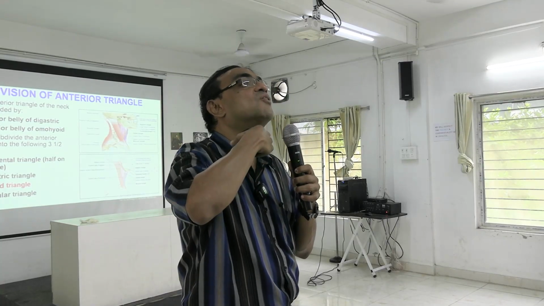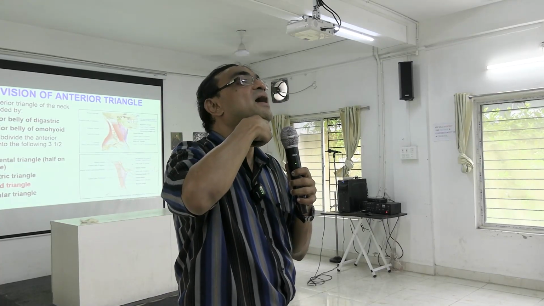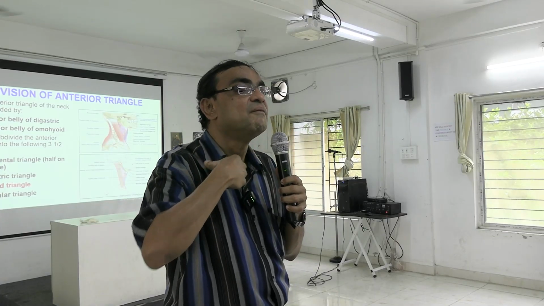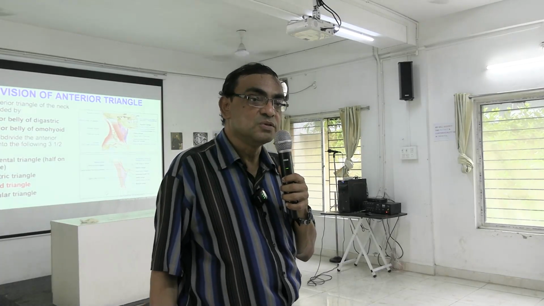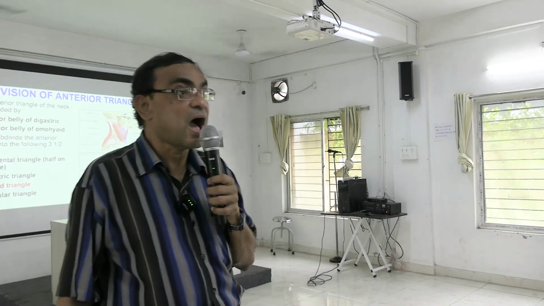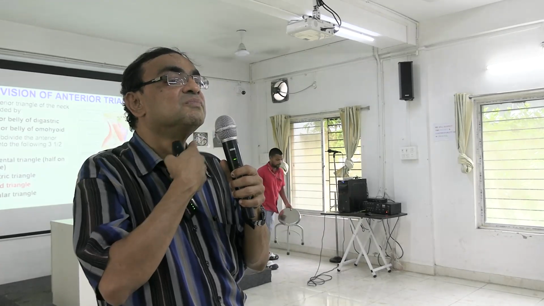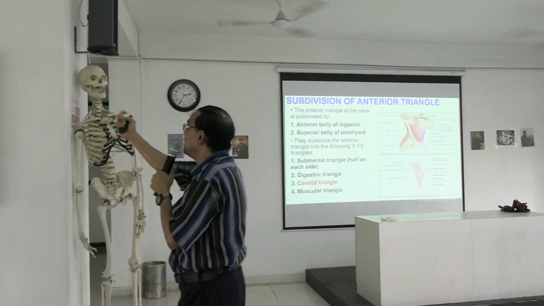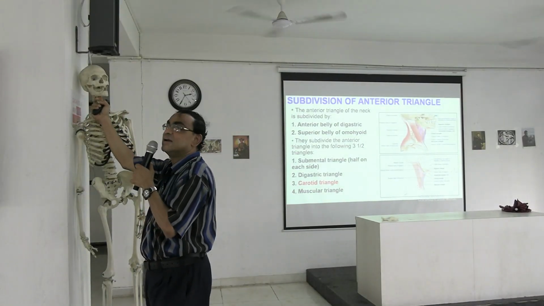So the muscles above are called the suprahyoid muscles, and the group below the hyoid are called the infrahyoid group of muscles. Suprahyoid muscles run from the mandible to the hyoid. We know there is a mylohyoid line here.